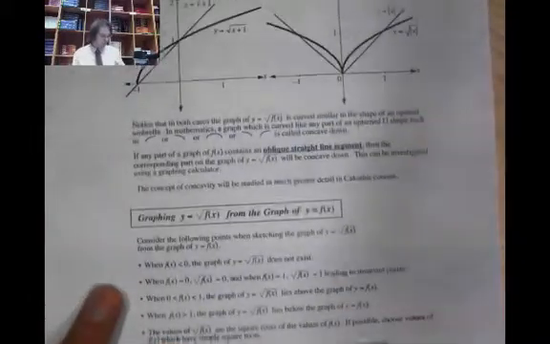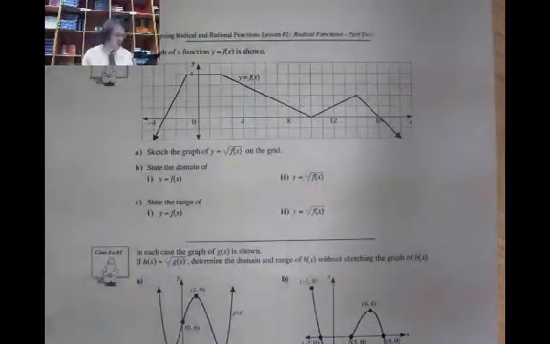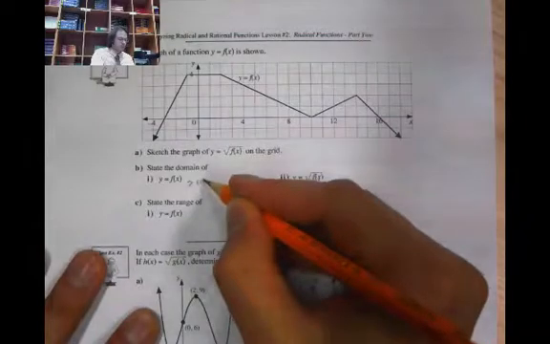Okay? So now, here's just some review for you to do and look at, and we're going to get into our first class example. So this one here states, sketch the graph y is equal to f of x on the grid. State the domain of f of x. Well, my domain of f of x is an element of all real numbers.